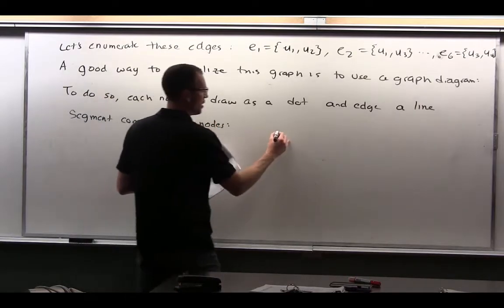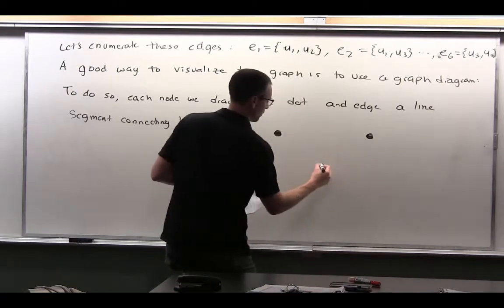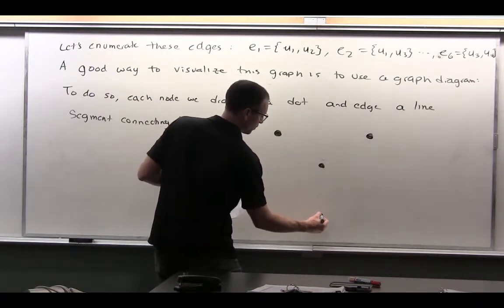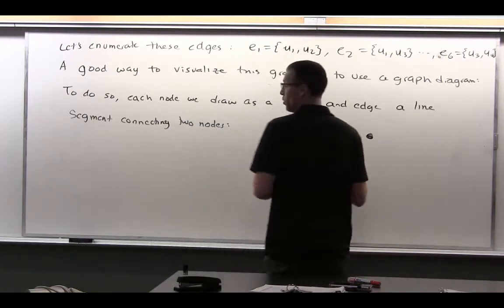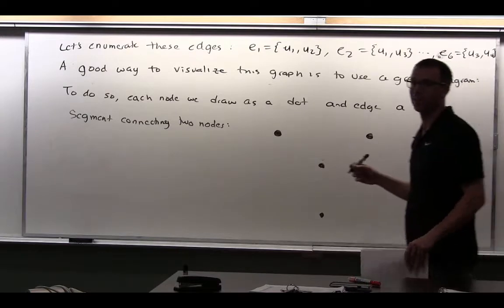All right. How many nodes do we have in this situation? Nodes is n, so we have 4. How many edges? 6.